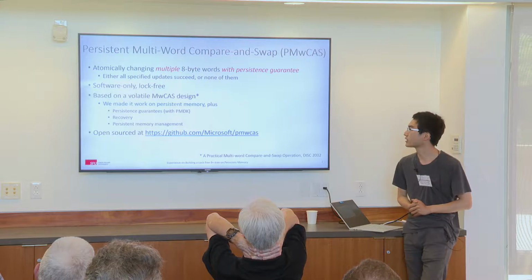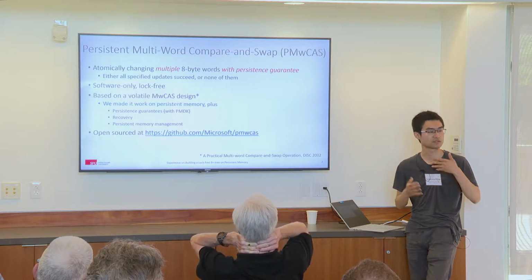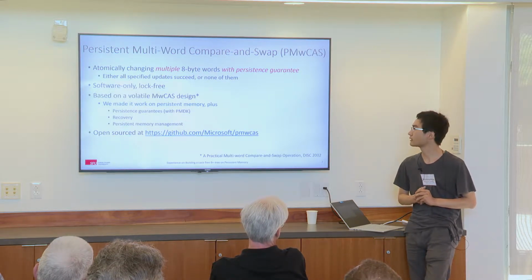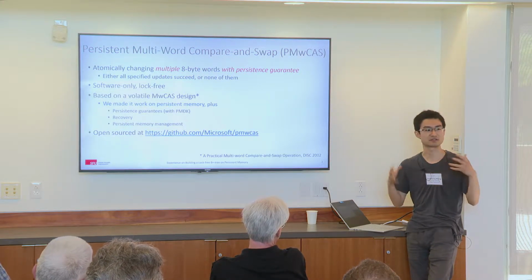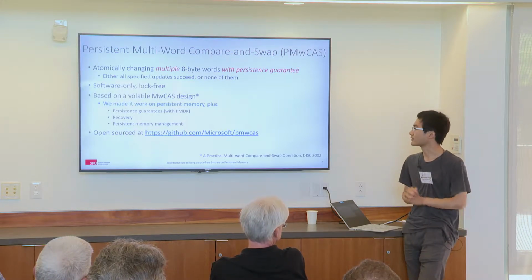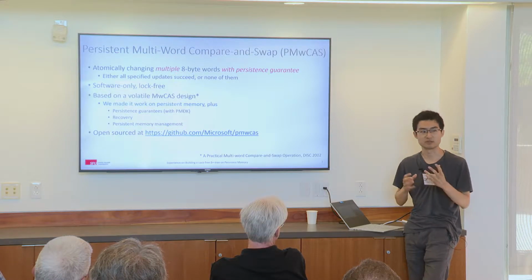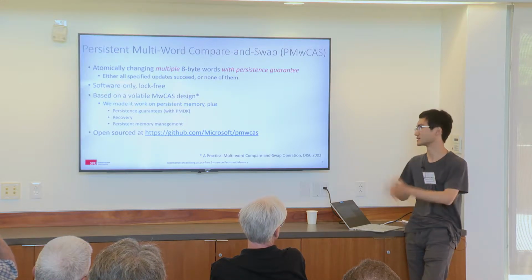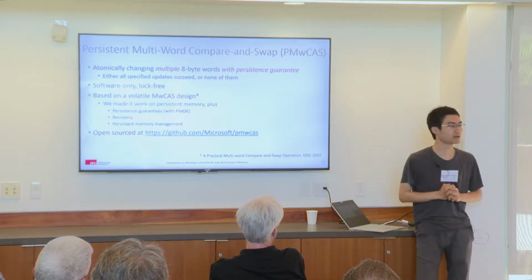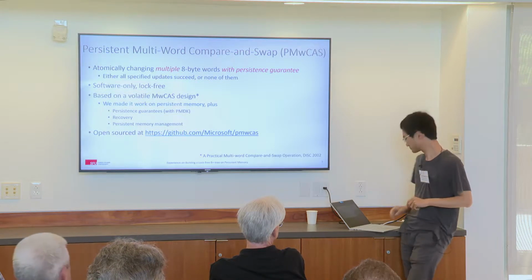We also made it work so that we can recover from failures: we persisted all the descriptors, which we'll see in the next slide, so that we can get the data structure back to a previous consistent state. Also, there's a well thought out mechanism for interactions with the persistent allocator, which again, we'll see later. This one is now open sourced at Microsoft GitHub, and we're continuing to maintain and improve it.